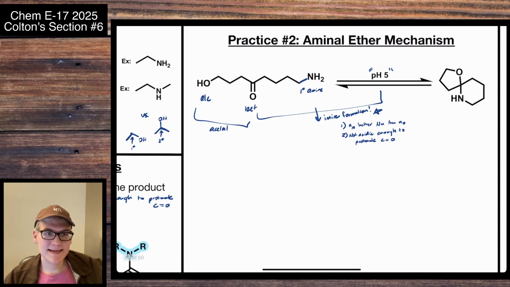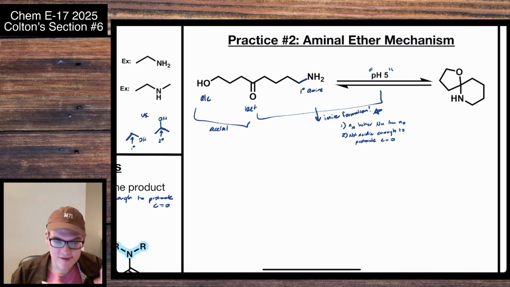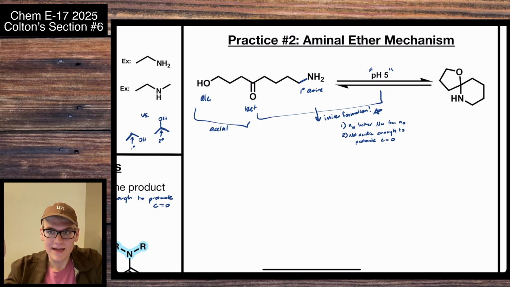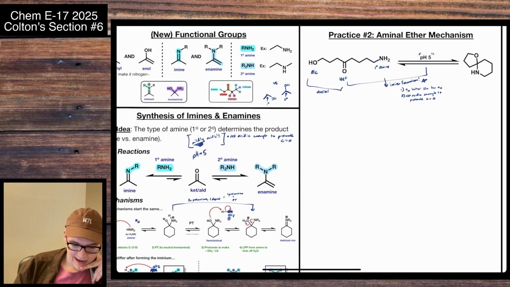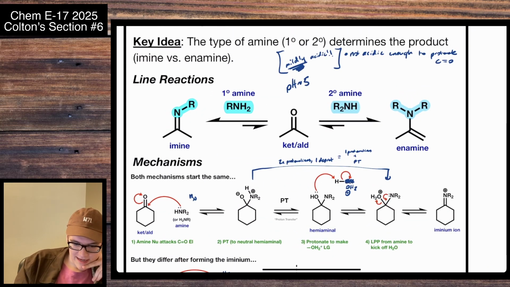And just like we did with the last mechanism, I think it would be really helpful for us to just draw what the imine is going to look like. So, using our fake mechanism to give us a target of where we're headed, in order to go from a ketone or aldehyde and a primary amine to an imine, what we need to do is erase the carbonyl, and then we need to put a double bond to the NR and erase the hydrogens.